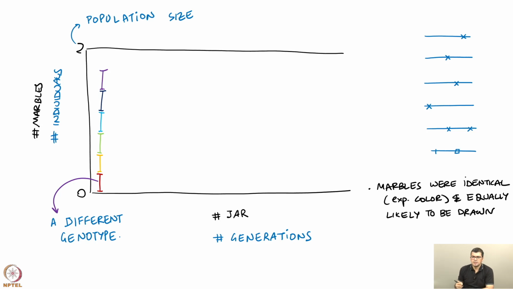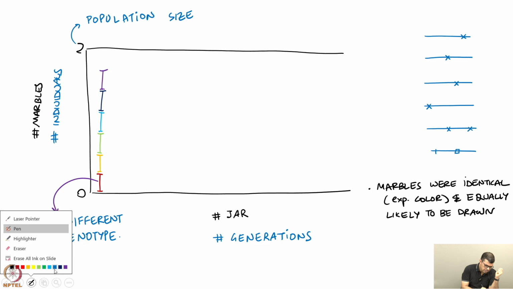In evolution, what that means is that, if I drew, let's go back to the marbles game, if I drew a red marble, what that meant was that a red marble made it to the next generation or the next jar. In this case, if I pick a red colored individual, that red colored individual gives a progeny in the next generation.